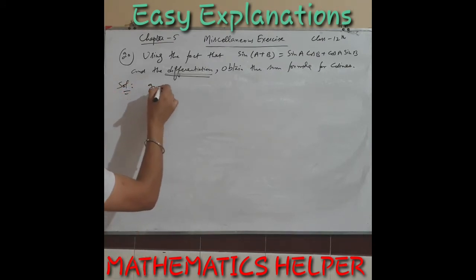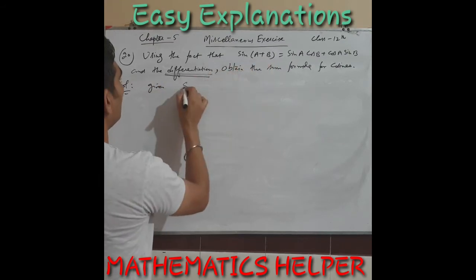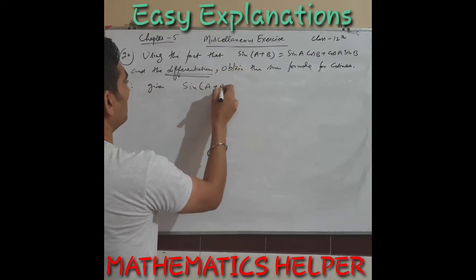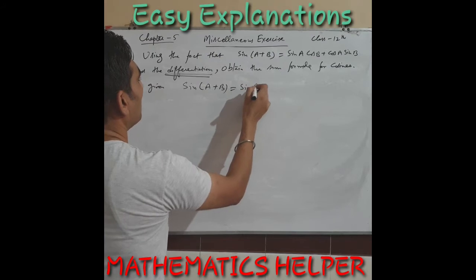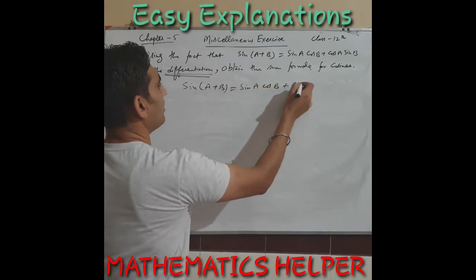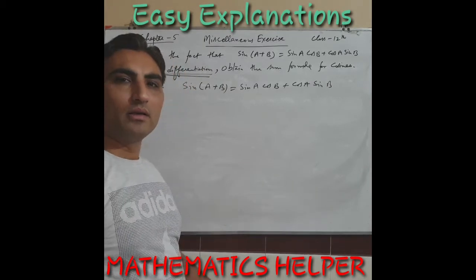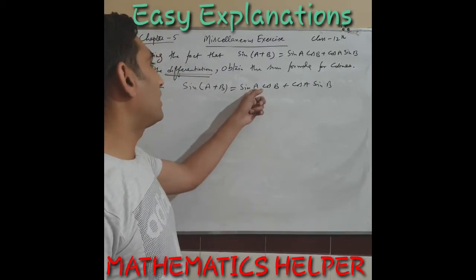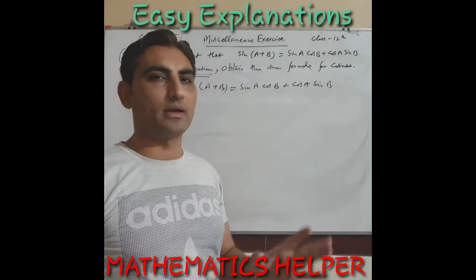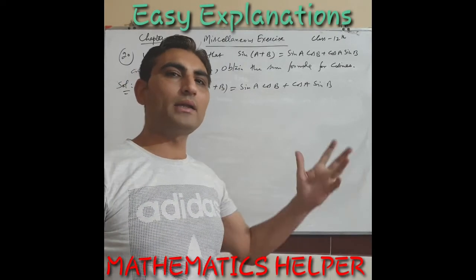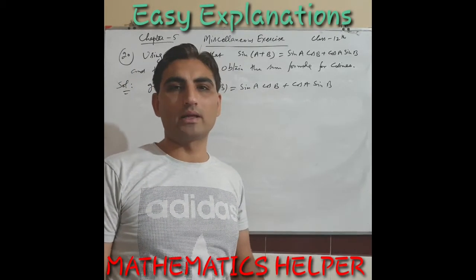So given, what is given? I am writing from this: sine a plus b is sine a cos b plus cos a sine b. Students, here you have to remember one thing. Fix one angle out of a or b as constant and write the derivative. You will get your required answer. See how?